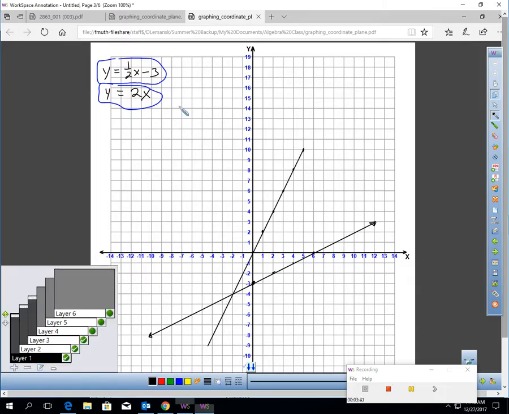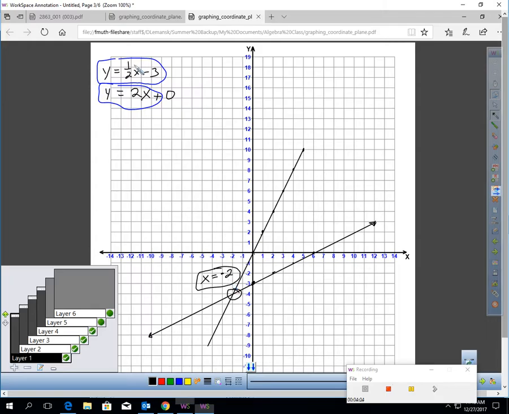My second equation has a y-intercept. You notice there's nothing here. That means the y-intercept is 0, and the slope is 2. That means up 2 over 1, up 2 over 1. I drew that line. You notice these two lines meet at the point -2, -4, so x is -2.